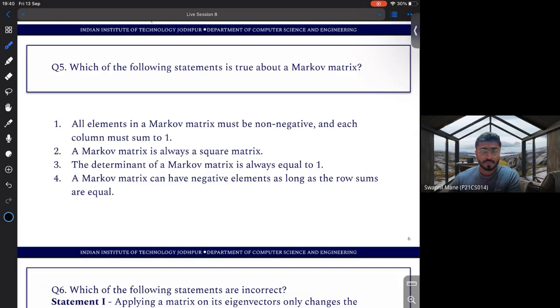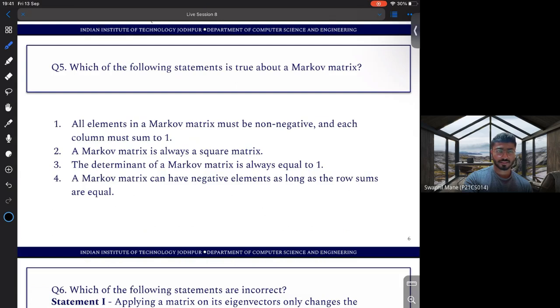We have seen the concept of the Markov matrix in the lectures, and we have brushed up that concept as well. Option one: all the elements in a Markov matrix must be non-negative, and each column must sum to one. The second option states that a Markov matrix is always a square matrix.